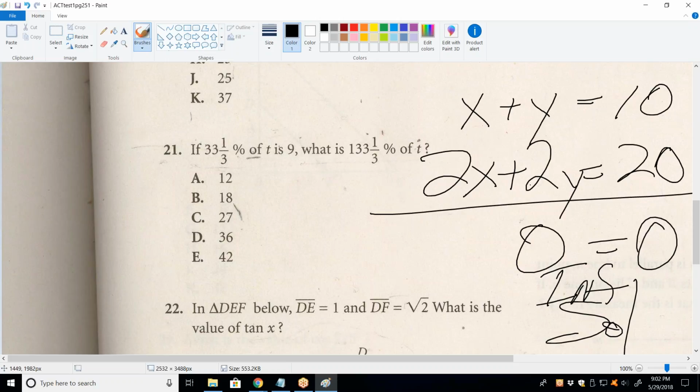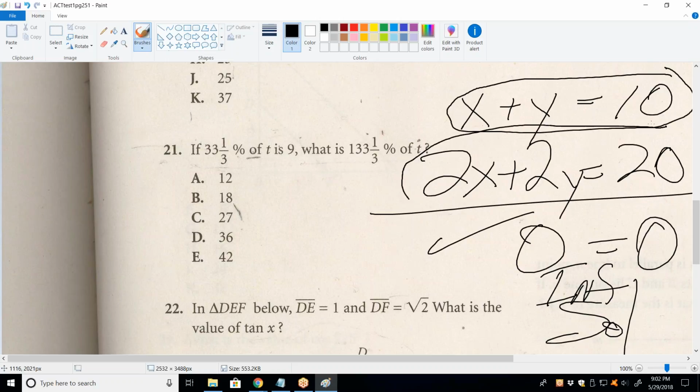If you get one number equaling the same number, that's all real and going to be true for all x and y. The reason is that the first equation is not any different than the second equation. Notice the second equation is just a multiple of 2. The only way you can solve a system of equations is if you have two independent equations.